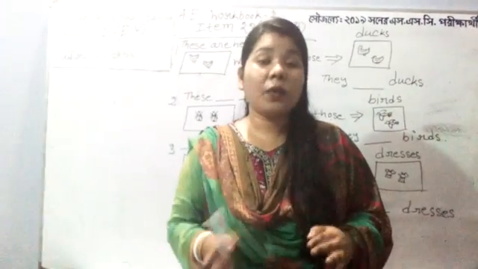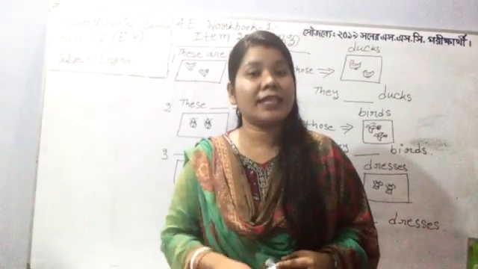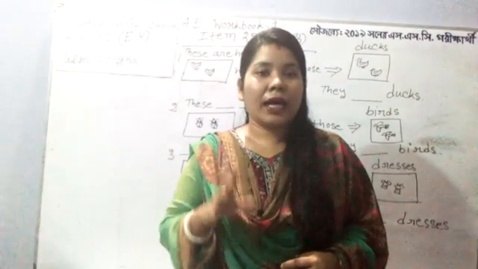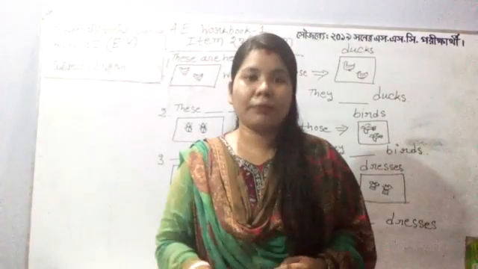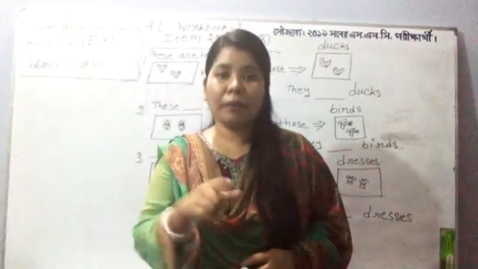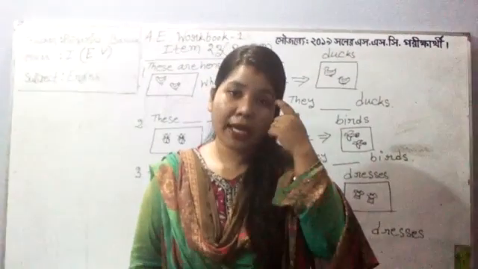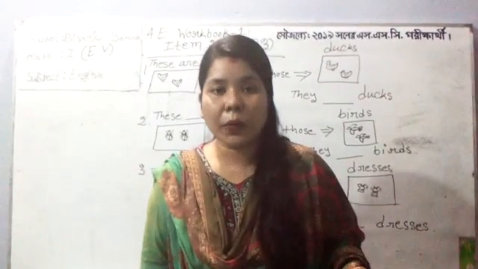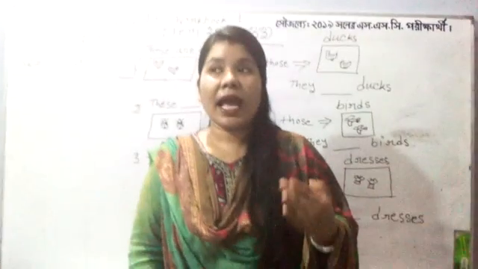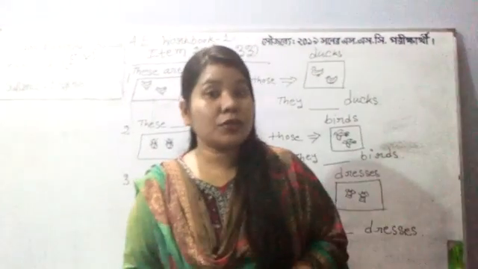Along with the pronoun, you have to write the name of the things in plural number. Please go through page number 33 from Active English Workbook. Here on the page you can see all the things are in plural numbers. The nouns are not in singular. These are the plurals. So for plurals, what kind of pronouns are used?